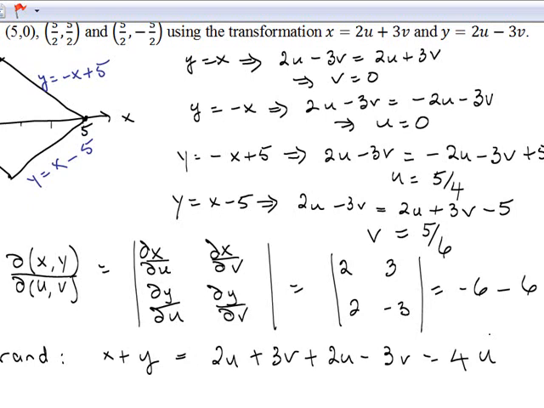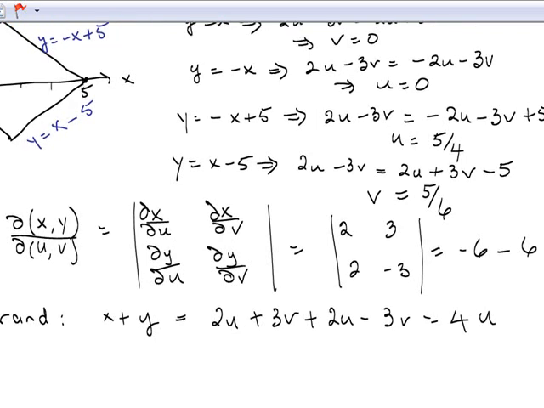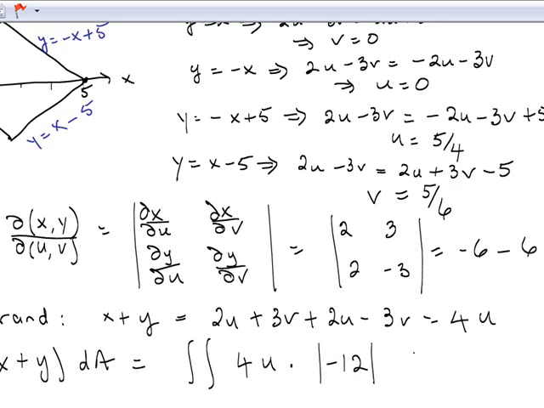Okay, we're ready. Let's transform. So we have the double integral over r of x plus y dA is the double integral. The integrand becomes 4u times the absolute value of the Jacobian, which is negative 12, du dv.